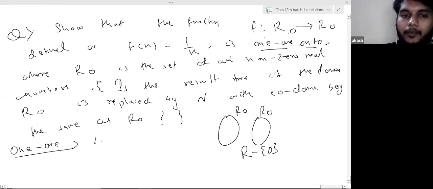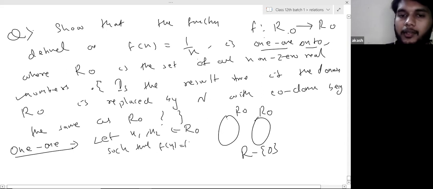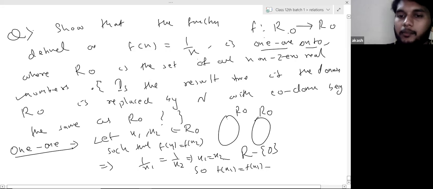All right. So for one-one, very easy. Same steps. Let x1, x2 belong to R0 such that f of x1 is equal to f of x2. So this implies that 1 upon x1 is equal to 1 upon x2. This implies that x1 is equal to x2. So f of x1 is equal to f of x2 implies that x1 is equal to x2.